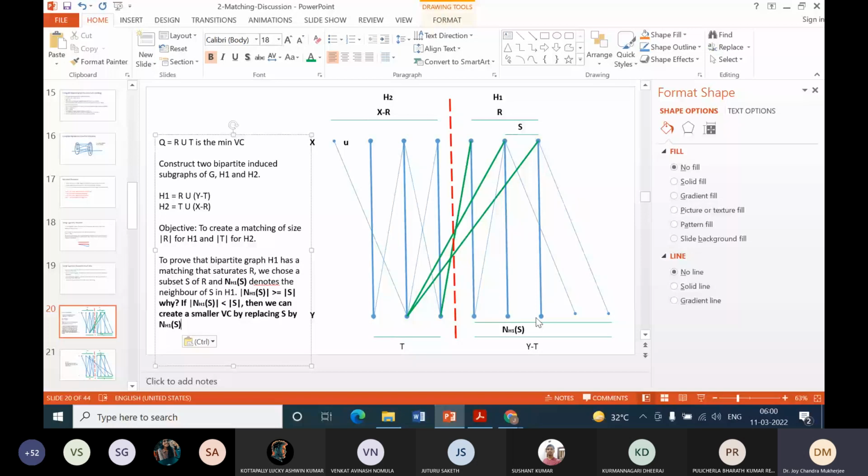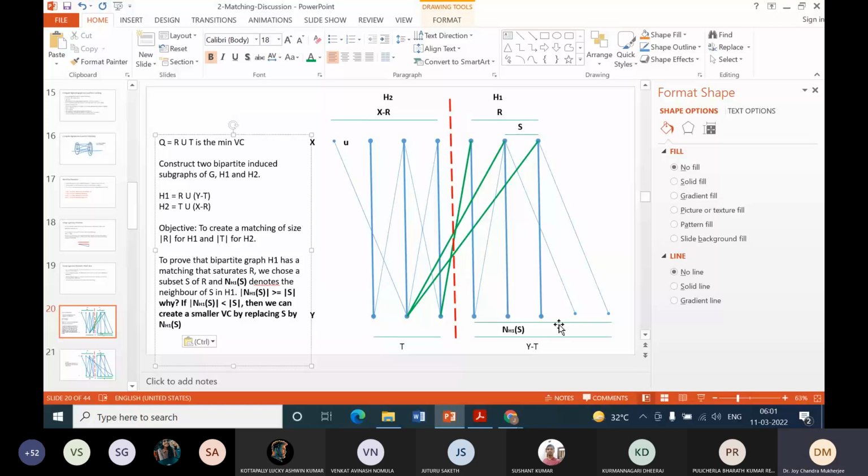Because if such an edge exists, then this edge cannot be covered by R and T. So the observation is that from X minus R to Y minus T, no edge can exist. The reason is, if such an edge exists, then R union T cannot be a minimum vertex cover, because this edge cannot be covered by any of these. So such an edge doesn't exist.